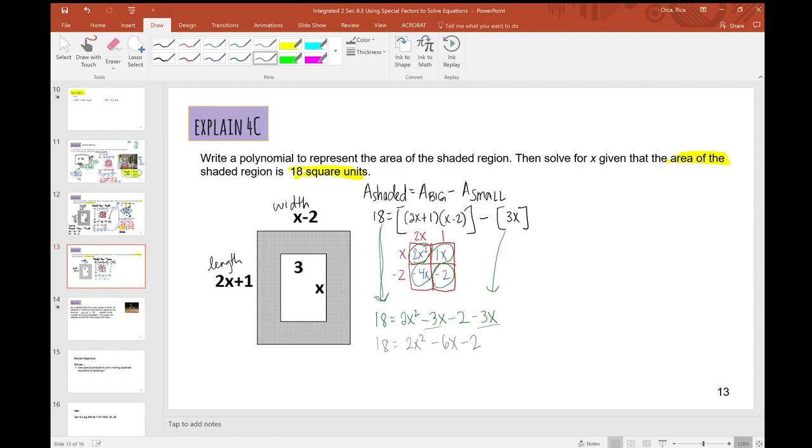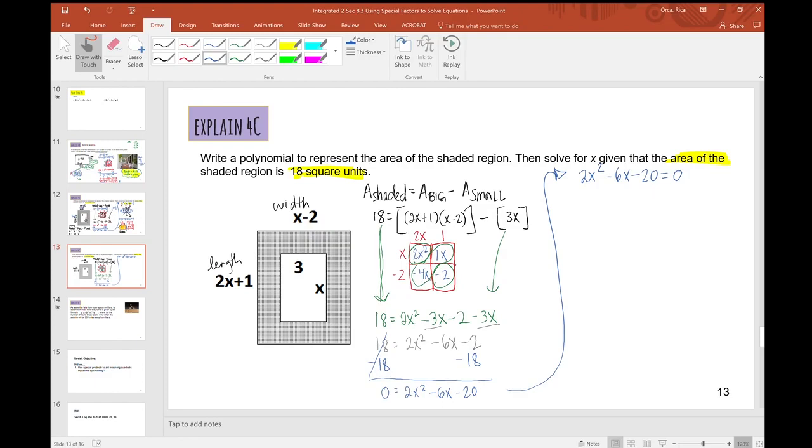Because this is a quadratic equation, set the equation equal to 0. Subtract 18 to both sides. And we get 0 is equal to 2x squared minus 6x minus 20. This is getting a little messy, so let's continue our work at the top. Okay, class, notice how 2, 6, and 20 are all divisible by 2.